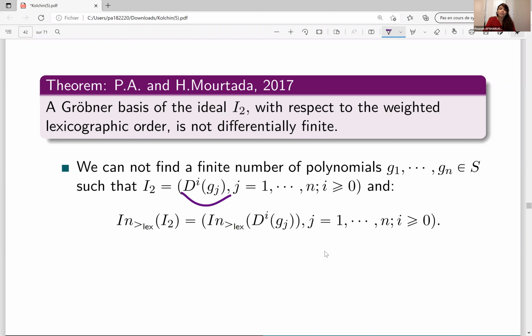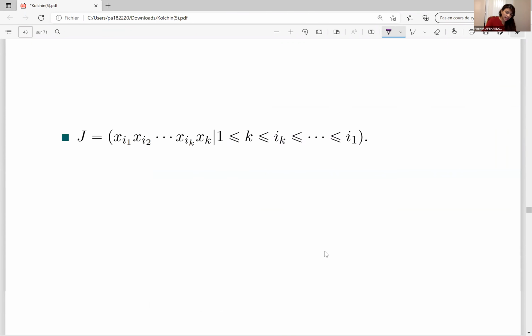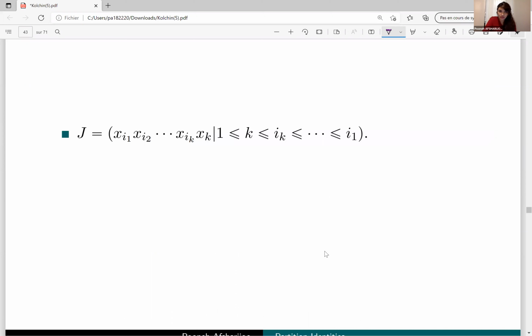but we found a part of this Gröbner basis using Buchberger's algorithm. And then we generalized this part, and we had a candidate for this initial ideal. I denoted here this candidate by J, which is generated by x_{i_1} x_{i_2} ... x_{i_k} x_k.